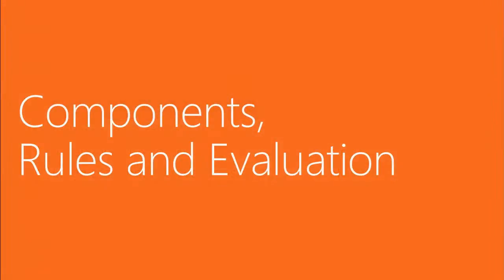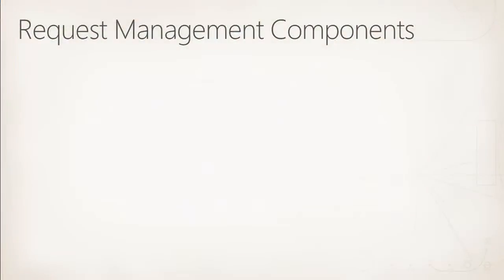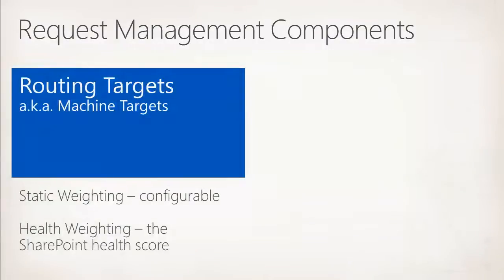Okay, so let's move into some of the more details-oriented aspects. There's a number of key components to the overall subsystem. So the first one is a routing target. And sometimes within documentation and the PowerShell, this might be referred to as a machine target, but they're effectively the same thing. And this is a web server, right? This is a box that's going to respond to requests.